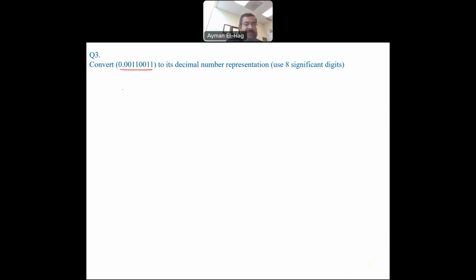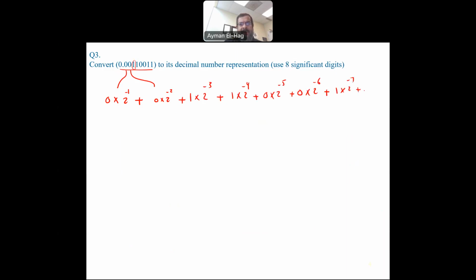So we will have 0 times 2 to the negative 1 plus 0 times 2 to the negative 2 plus 1 times 2 to the negative 3, and so on and so forth. 1 times 2 to the minus 4, plus 0 times 2 to the minus 5, plus 0 times 2 to the minus 6, plus 1 times 2 to the minus 7, plus 1 times 2 to the minus 8.